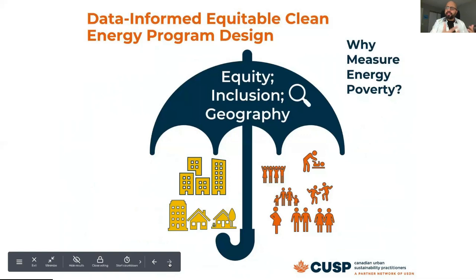The first generation of climate and clean energy programs had certain groups that were underrepresented. And in order for municipalities across the country to meet their ambitious 100% renewable, 100% net zero climate goals, we have to develop programs for broad adoption.